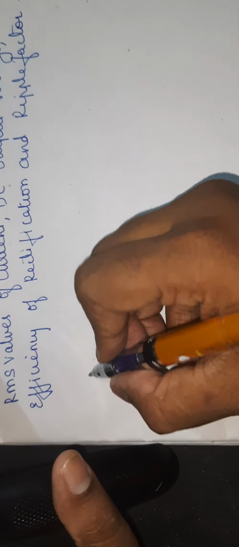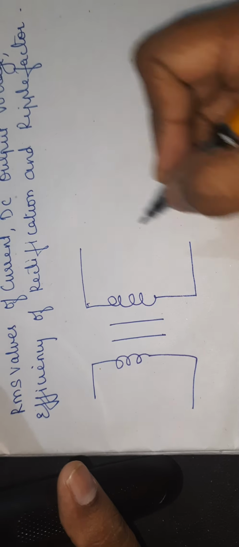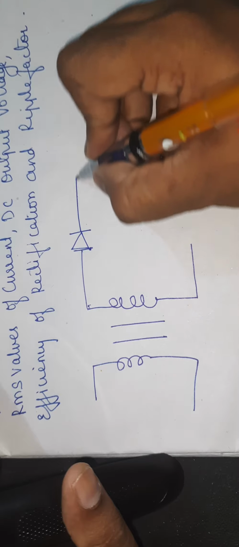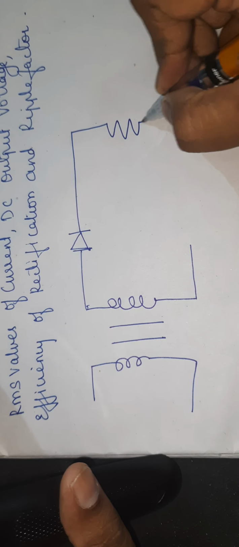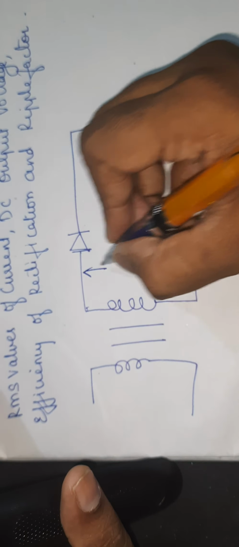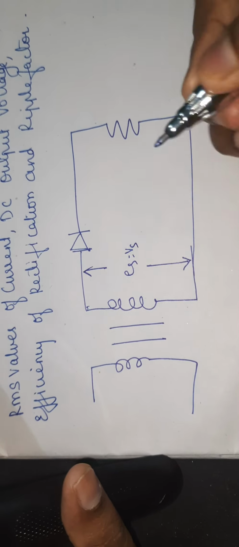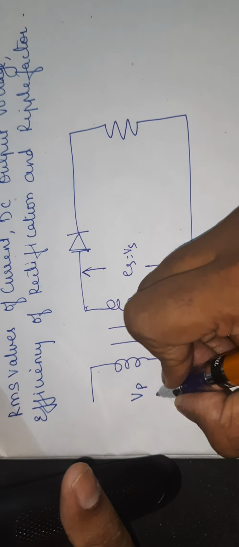The circuit diagram they have given it as follows. Here you have ES, that is source voltage. You can say it as ES or VS. Here it is VP or EP.